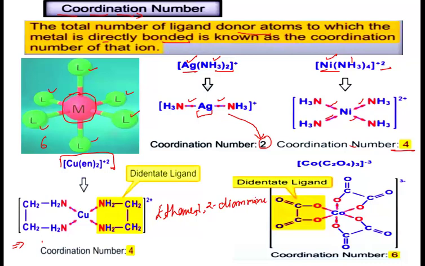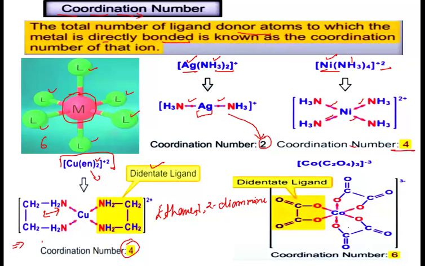Do you remember, this is a bidentate ligand, also called didentate. So one such en molecule will form 2 coordinate covalent bonds. There are 2 of them, so 2 times 2 is 4. So its coordination number in this complex will be 4, and it's a chelate complex, if you remember, with a chelating ligand.